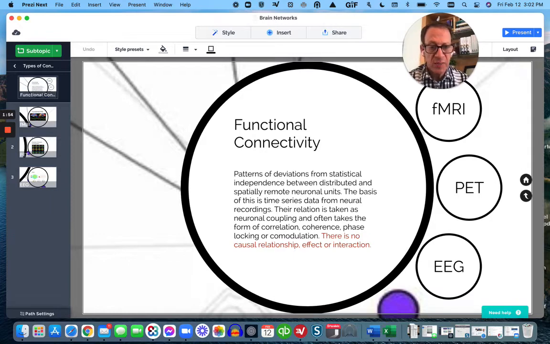It's taken as coupling, and it's taken to imply that there is some quote unquote connectivity across those regions, but there's no causal relationship, effect, or interaction.